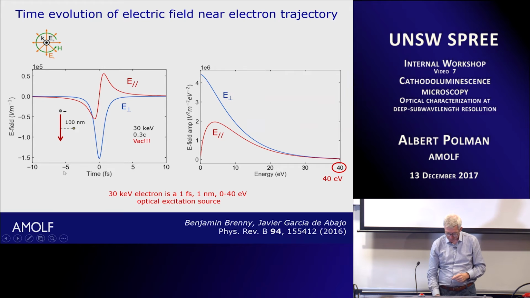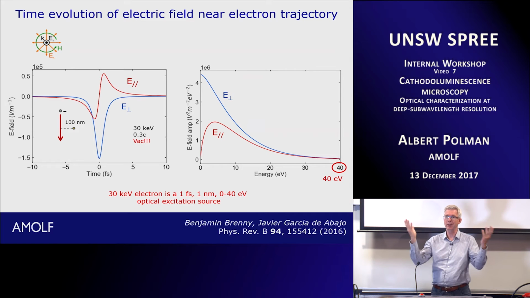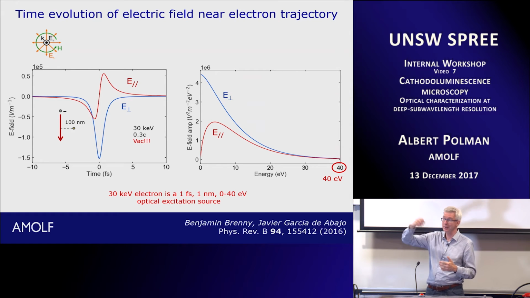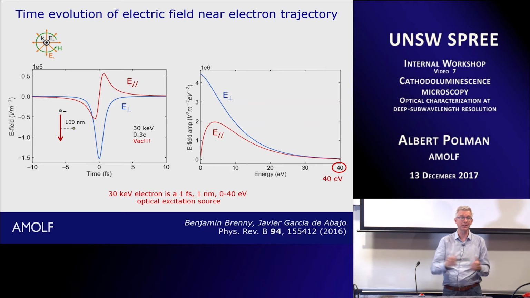And look at the time scale here. In 5 femtoseconds, it's all over. There is just a little wiggle of electric field in space in 5 femtoseconds, and then it's gone. That's interesting, because it makes you realize an electron is really like a light source. Light is also an oscillating electric field, nothing else, and this electron is doing exactly the same.